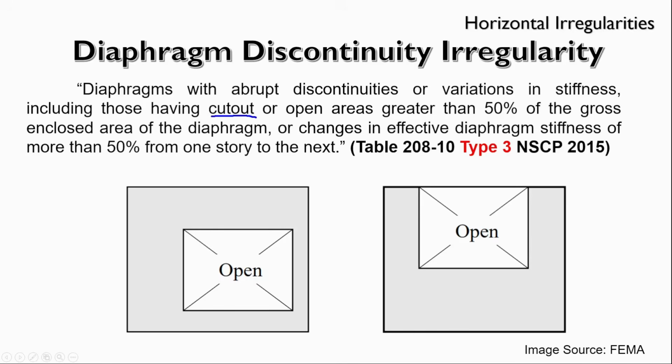So why is it that we have an opening per floor? It's obvious: it's the stairs. For stairs, we really need a cutout in the slab.